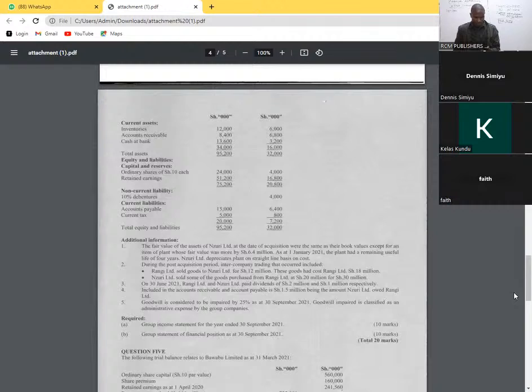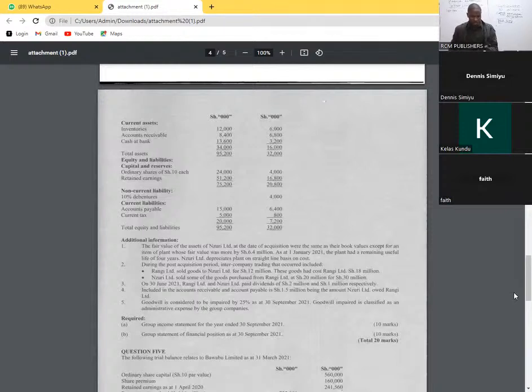On 30th June 2021, Lag Limited and Nzuri Limited paid dividends of 2 million and 1 million respectively. Since we have not identified which is a parent and which is a subsidiary or associate, we shall say that any dividend does not affect group consolidation. So we never consolidate dividends unless otherwise stated.